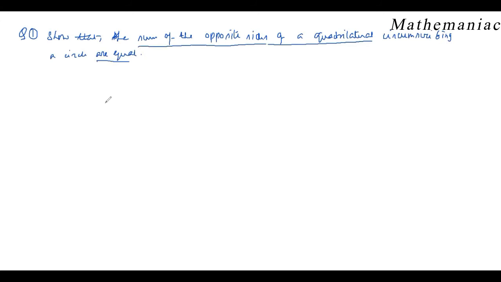This is the main part, when it circumscribes a circle. Circumscribe a circle means this circle will be kept inside and the quadrilateral will be outside. That is a very important part. It is question number 8 of your book.